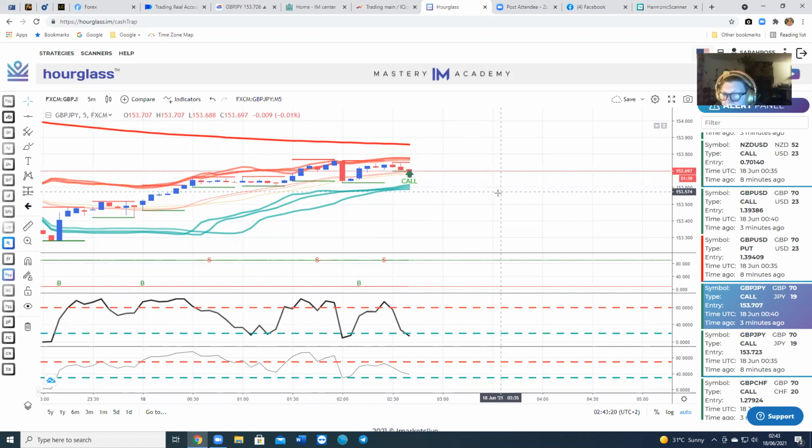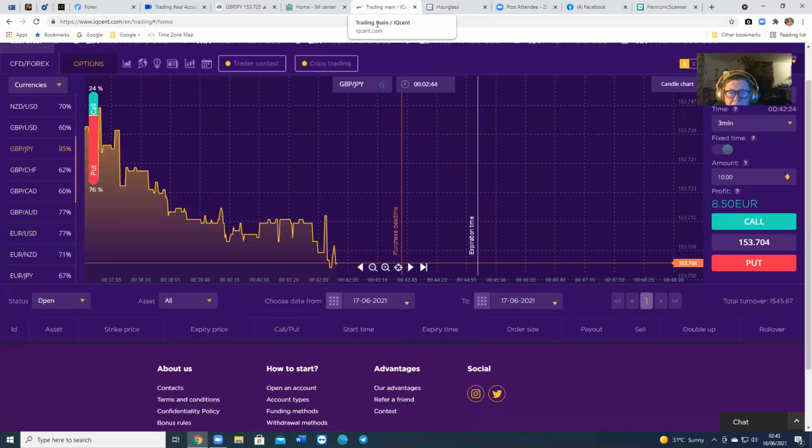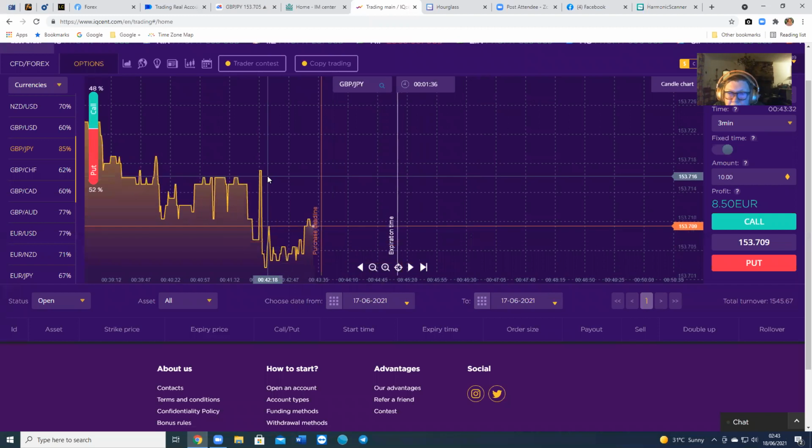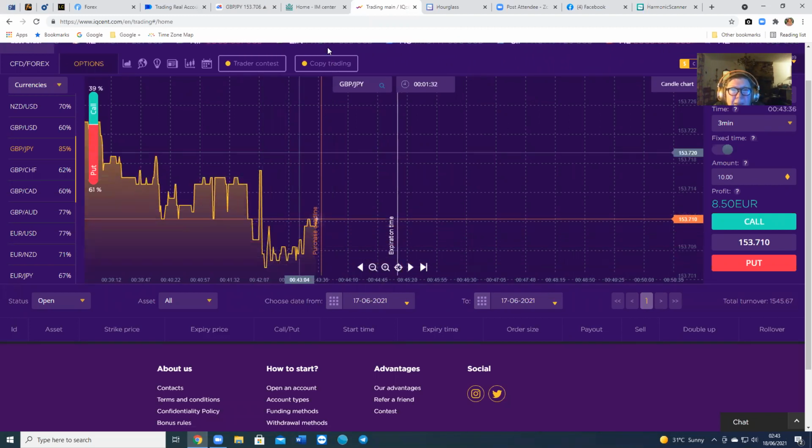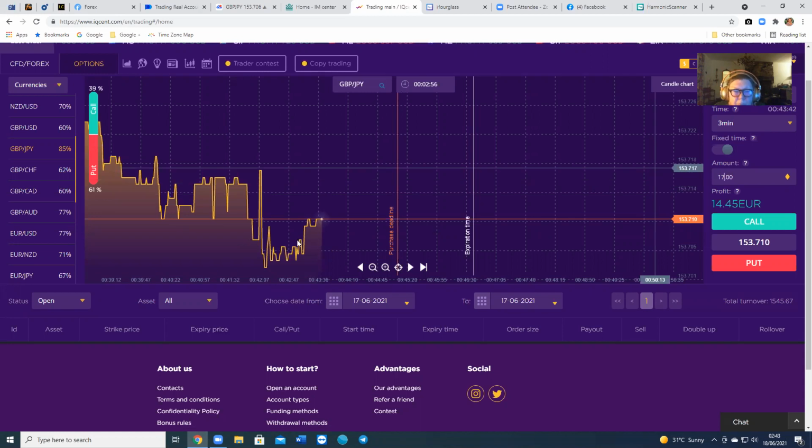So it is liking this level, 697. So we'll just see what happens on the 45. 709 on the broker. 703 down there. So put our profit on from the previous trade.